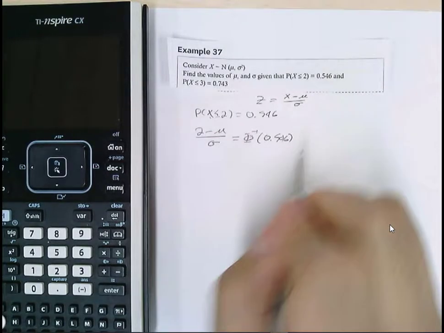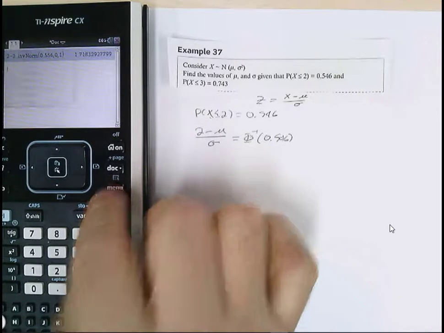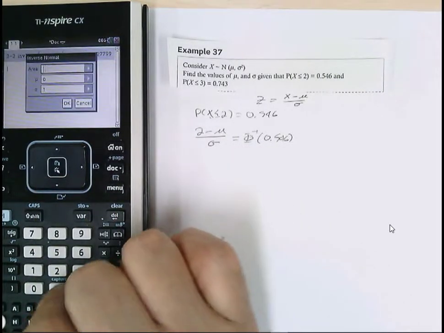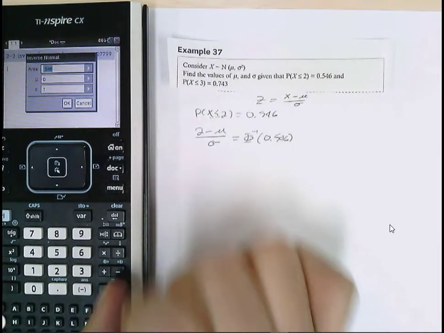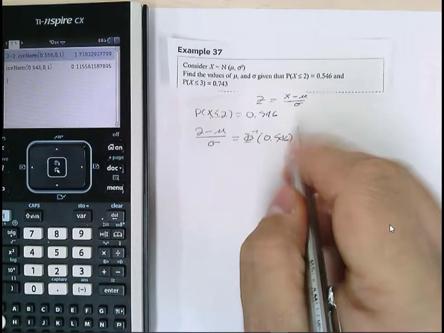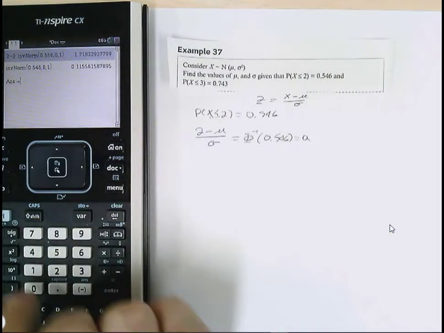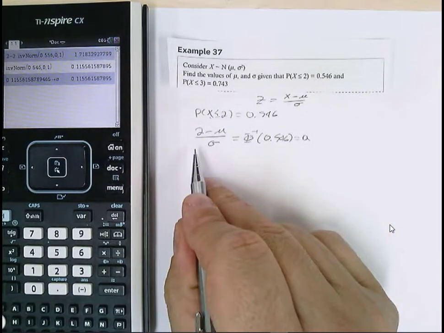Good. And now what I like to do in the calculator is figure out what that score is. So I'll go menu 6 5 inverse normal 0.546, and then I'll know what it's equal to. I'll store this as some variable, I'll let it be a. Now I know what a is, and I can solve an equation for this.